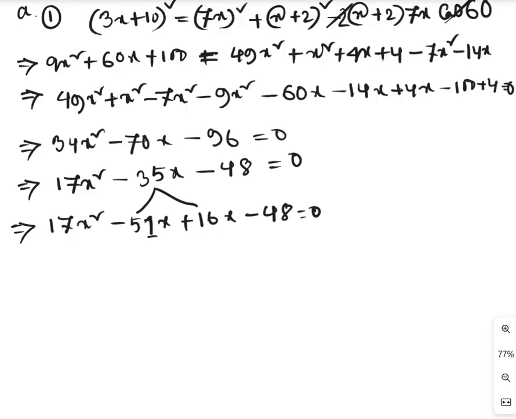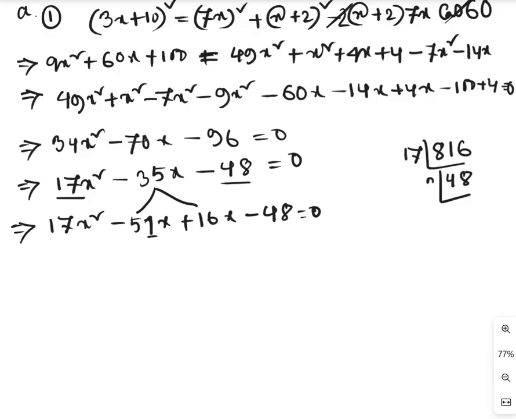So the very basic theory of middle term is you have to multiply this 17 and 48. So it will become 816. So if you divide by 17, it will become 48, of course.